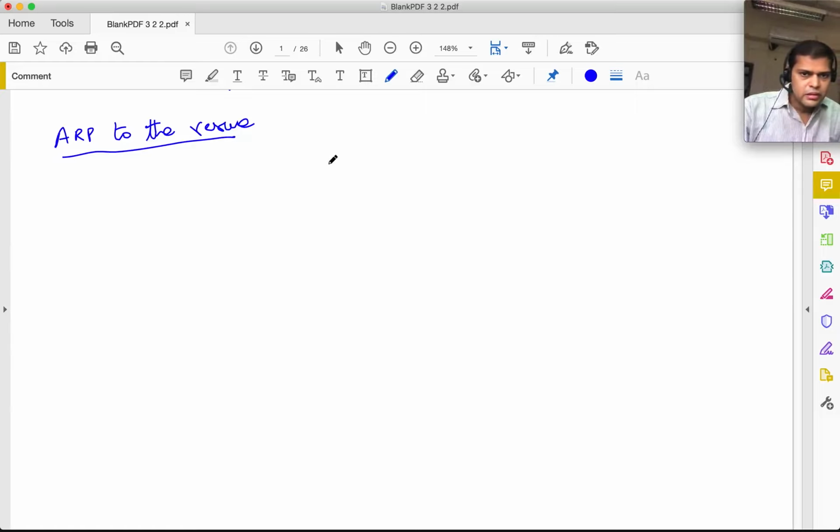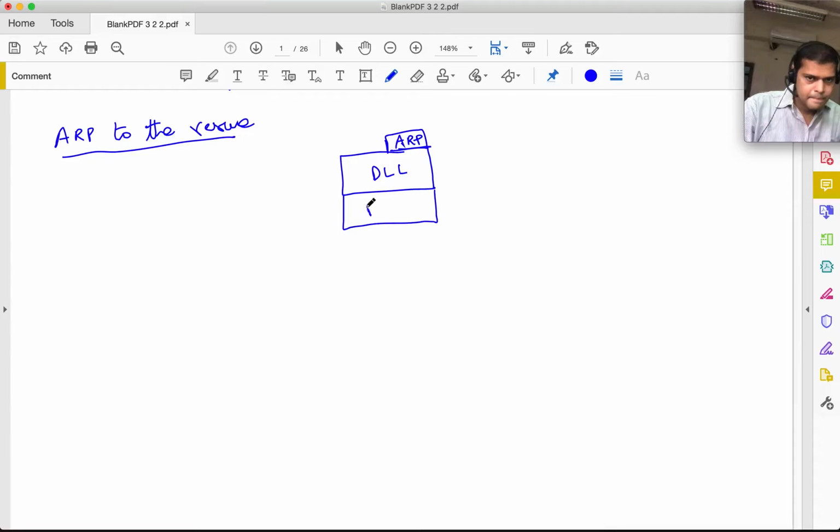So we can think of the protocol stack as being like this. You have ARP sitting on top of the link layer, and the physical layer. Okay, so initially in the course we talked about 5 layers, but in practice, of course, things are quite more tricky.